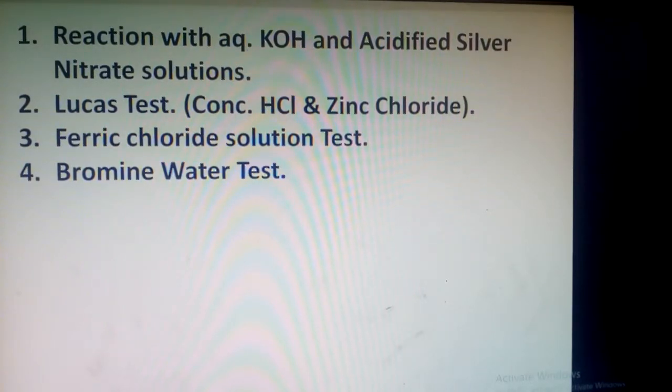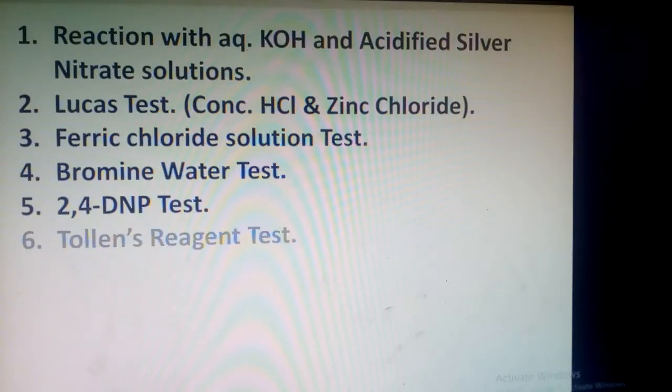Ferric chloride solution test is used to distinguish between aliphatic alcohols and aromatic alcohols. Bromine water can be used to identify aniline or phenol. Then is the 2,4-DNP test, 2,4-dinitrophenylhydrazine test, which is given by carbonyl compounds that are aldehydes and ketones.